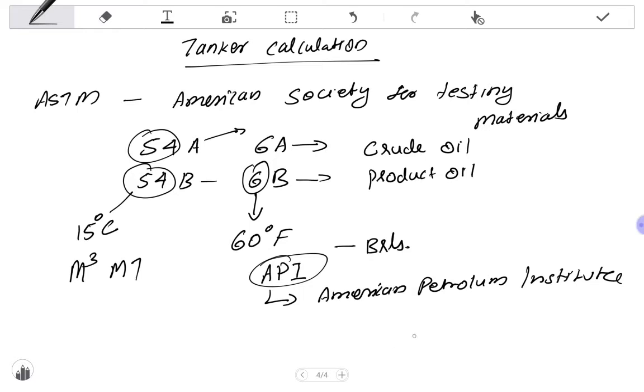The specific gravity of the cargo and the API have a relationship. So what is specific gravity?